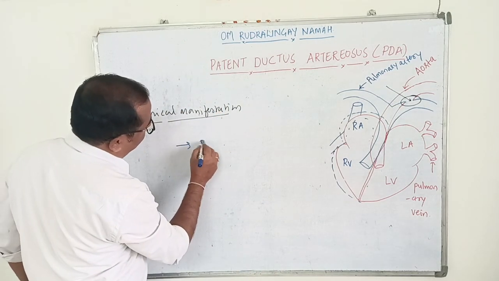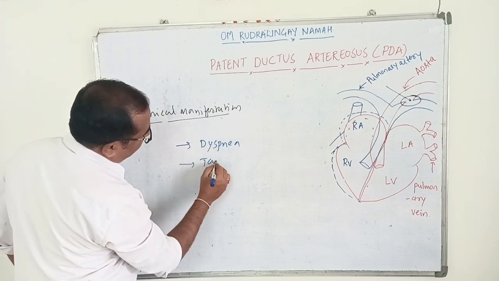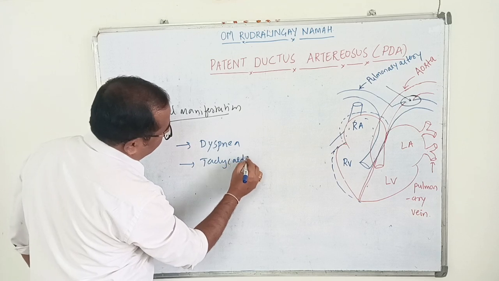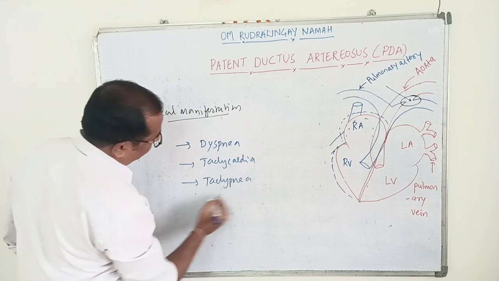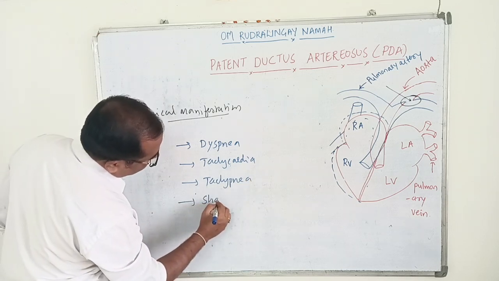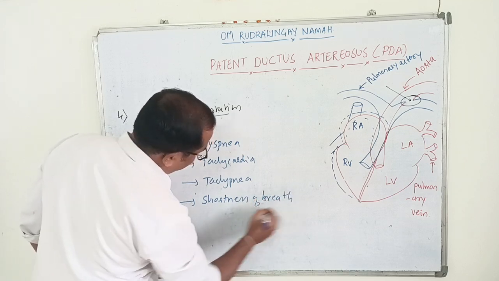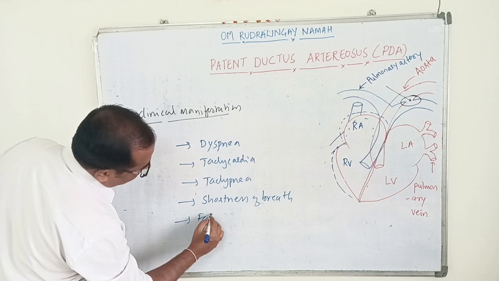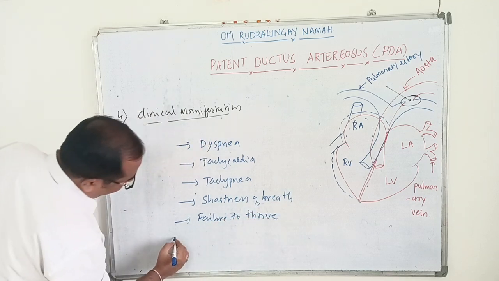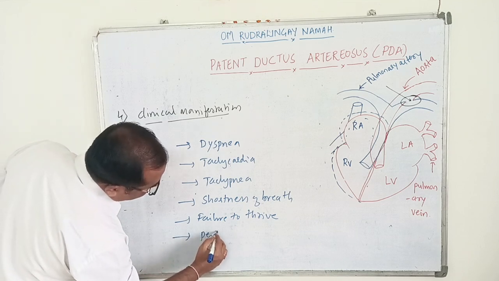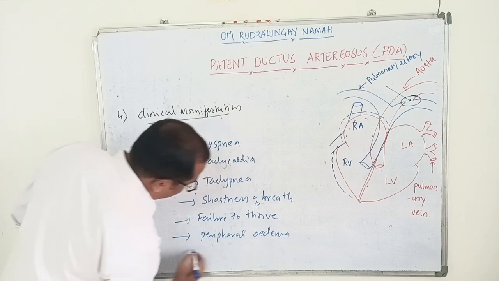The child will have dyspnea, tachycardia, tachypnea, shortness of breath, failure to thrive, then peripheral edema, and recurrent respiratory tract infection.